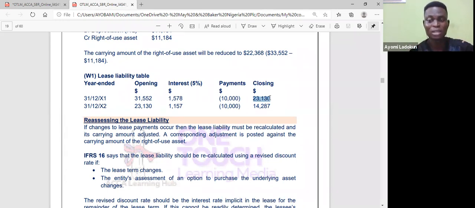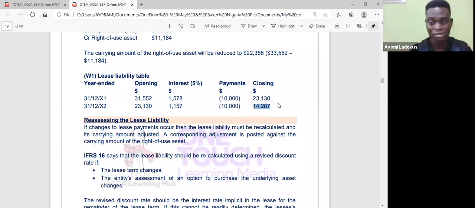If you remember, current liability and non-current liability. My non-current liability is due for more than 1 year. So obviously my non-current liability is going to be 14,287. That's exactly why we did year 2. So the difference between 23,130 and 14,287 is my current liability.